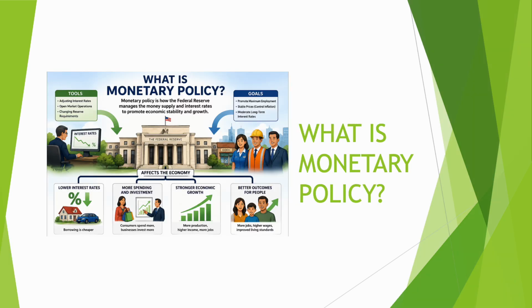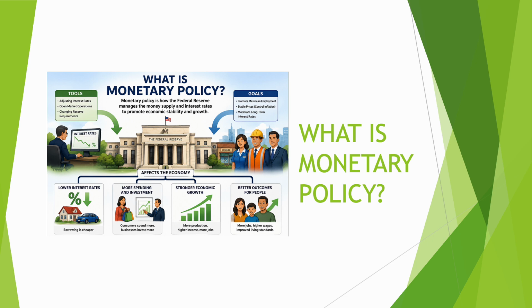So, what even is monetary policy? Monetary policy is the Federal Reserve controlling money supply and interest rates to influence inflation, unemployment, and economic growth. Expansionary monetary policy helps boost the economy, while contractionary policy slows inflation down.